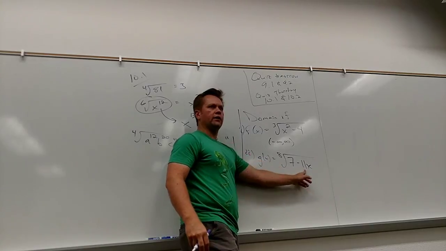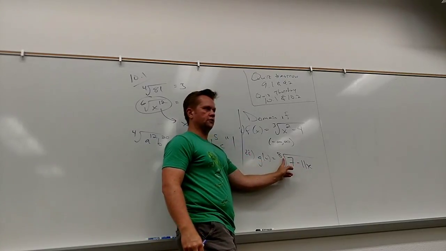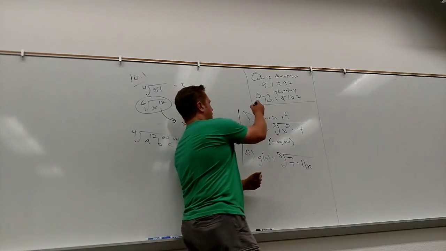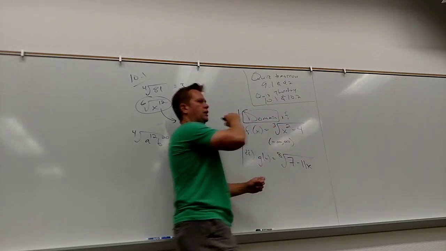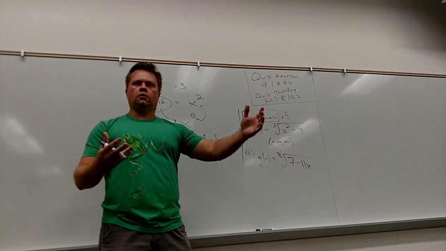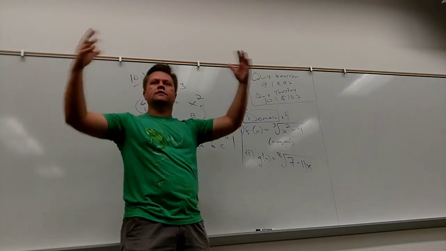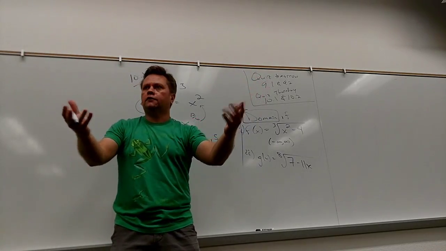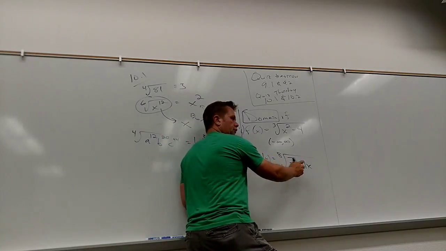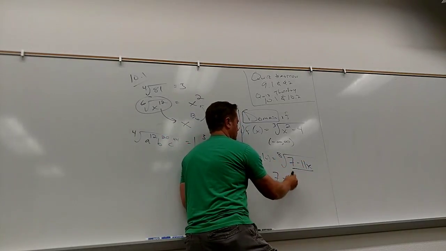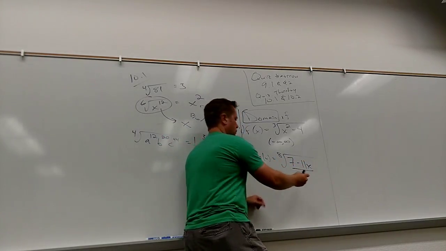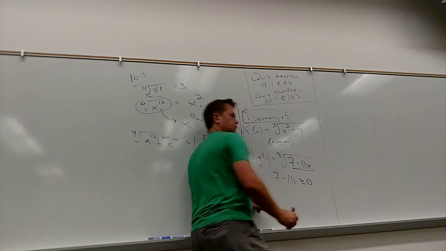Whatever is on the inside of an even root cannot be negative. When we ask what the domain is, it's assumed to be real numbers. If they wanted to include complex, they would have to say so, and we haven't talked about it officially yet. So to be real, the inside has to be non-negative, which means greater than or equal to 0.